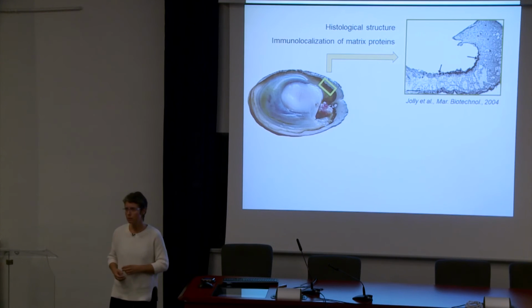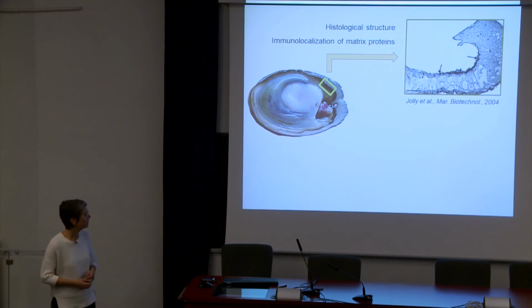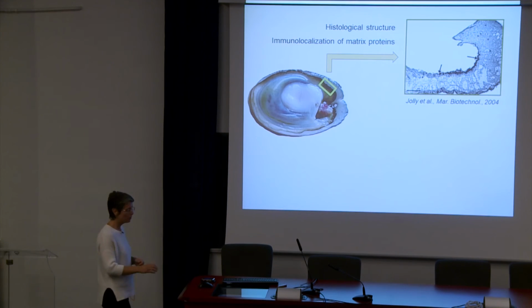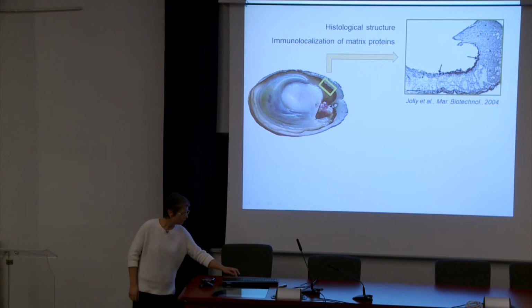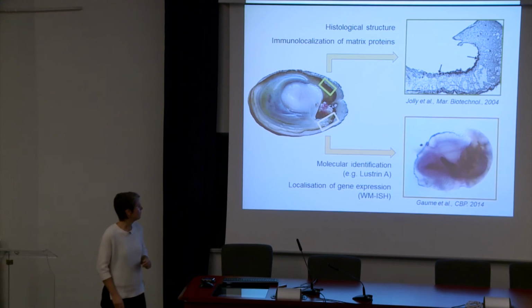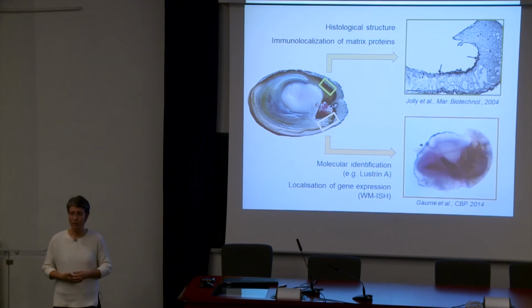Immunolabeling techniques allowed identifying specific matrix protein in the outer epithelium of the mantle of Haliotis here. More recently, molecular works allowed identifying specific biomineralizing genes from the Haliotis tuberculata mantle.